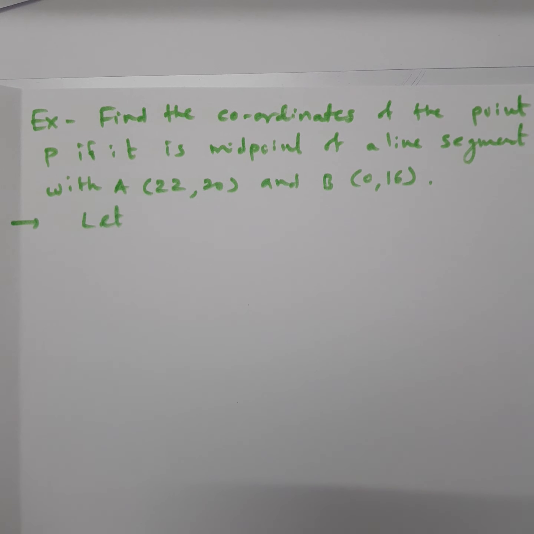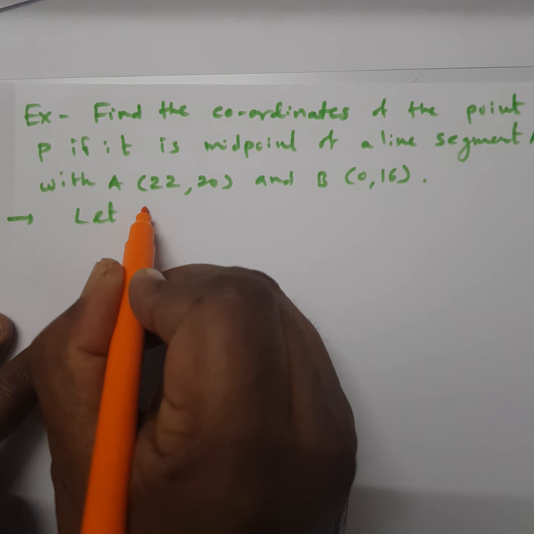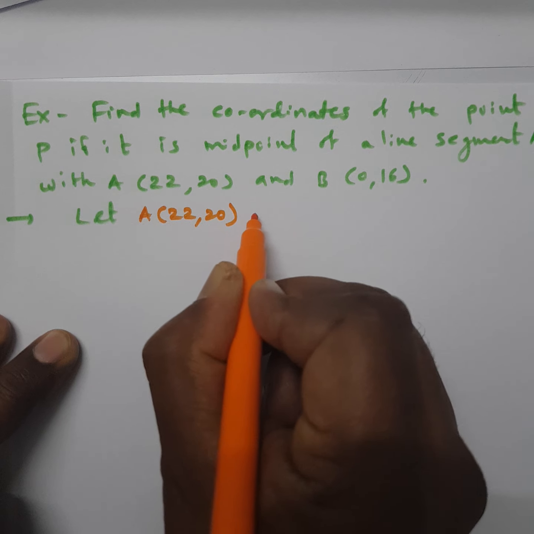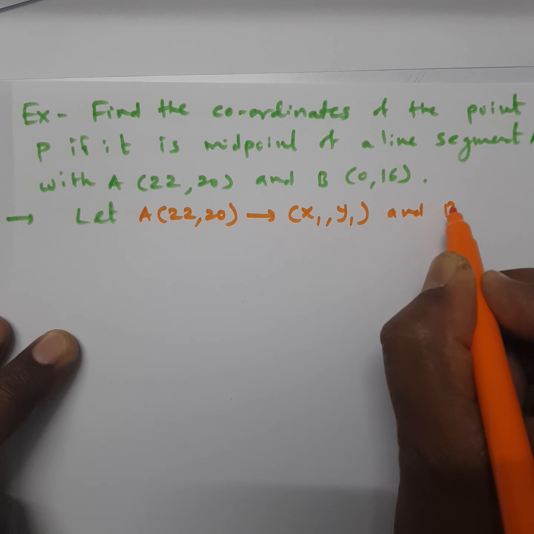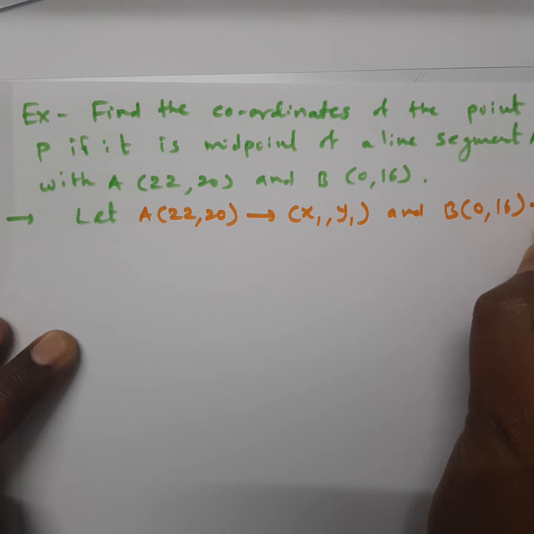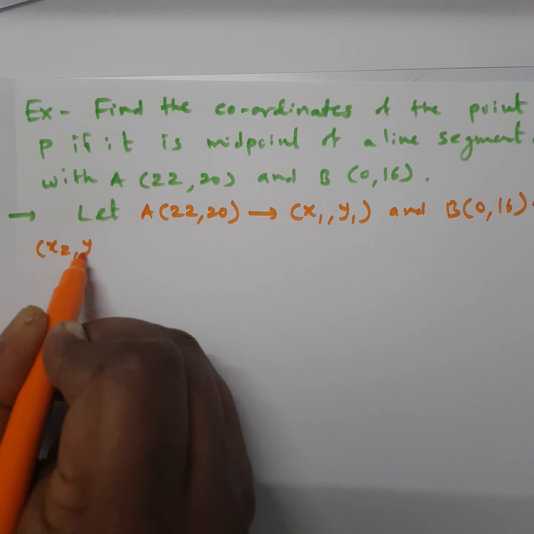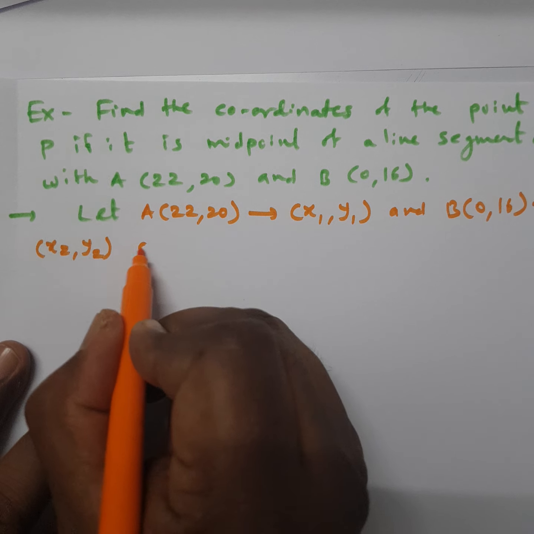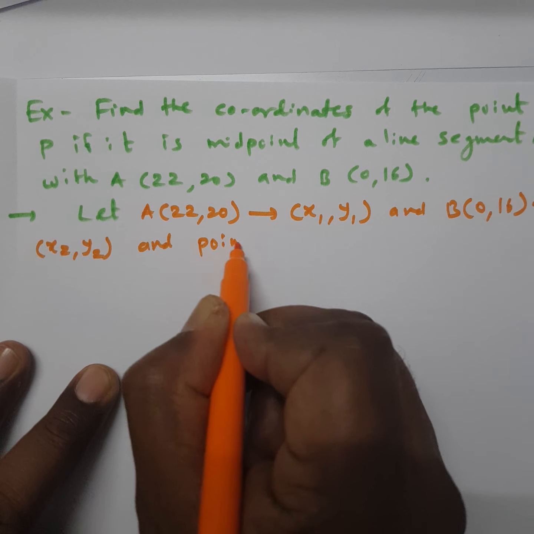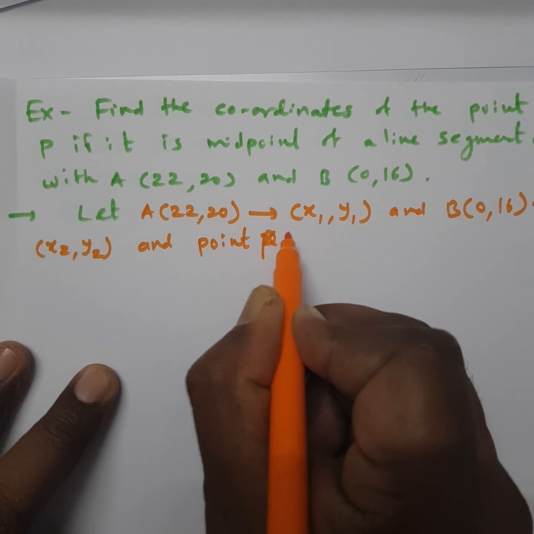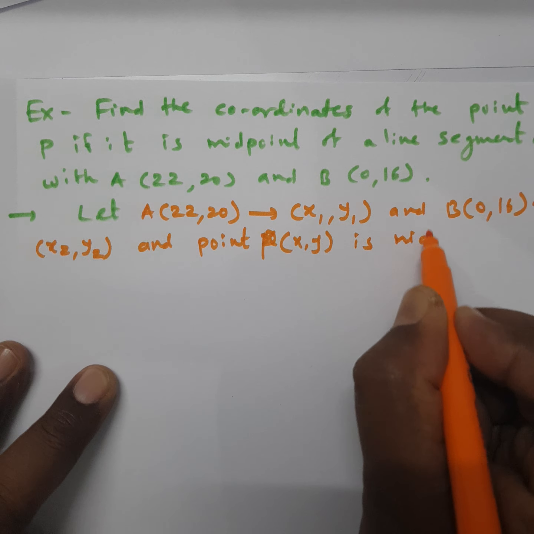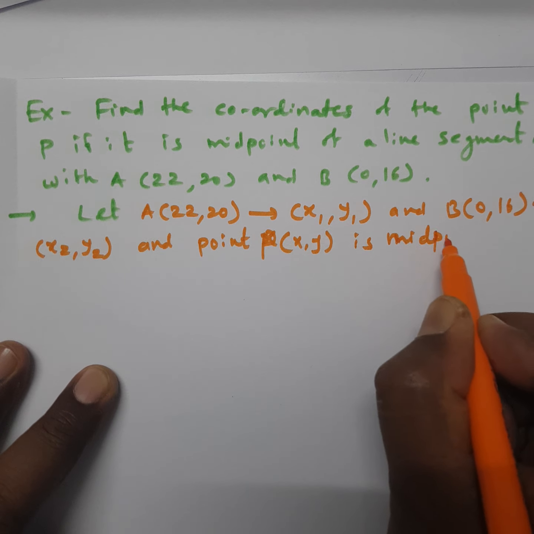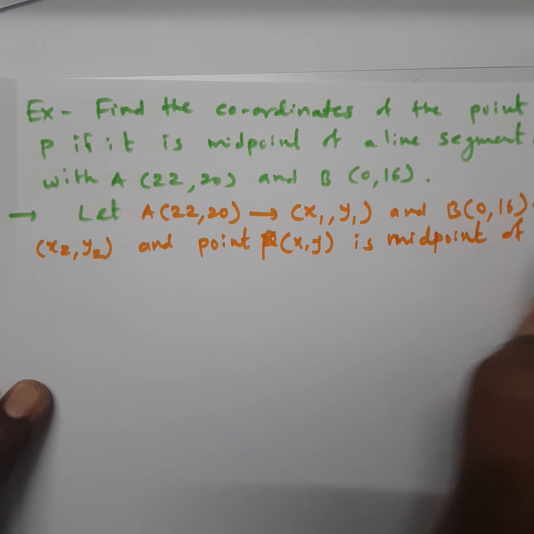Now we will solve it. Let A (22, 20) be (x1, y1) and B (0, 16) be (x2, y2) and point P (x, y) is the midpoint of segment AB.